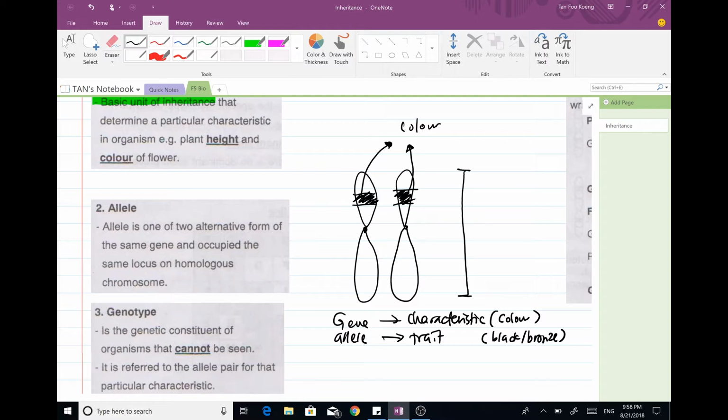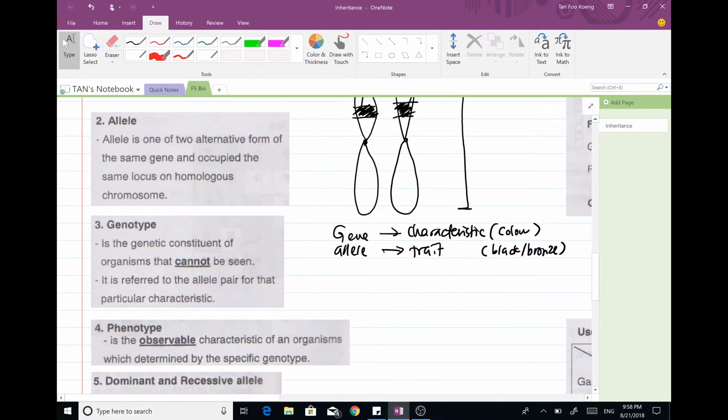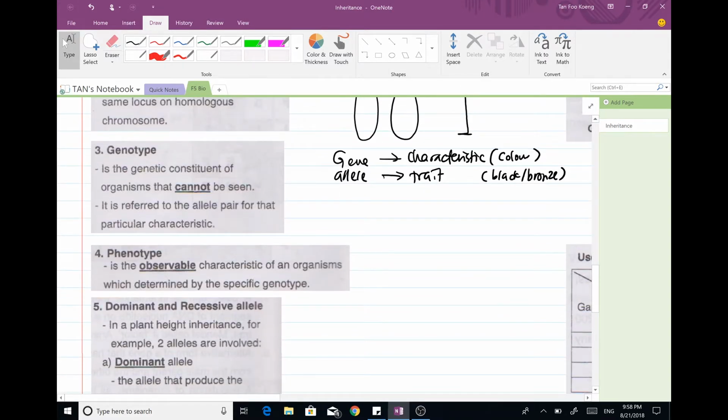Now the third terminology that we are going to learn is genotype. It is actually the genes of that organism that cannot be seen, and it refers to the pair of gene on the homologous chromosome. Phenotype, on the other hand, is the observable characteristic of that organism, and phenotype is actually determined by the genotype of that organism.